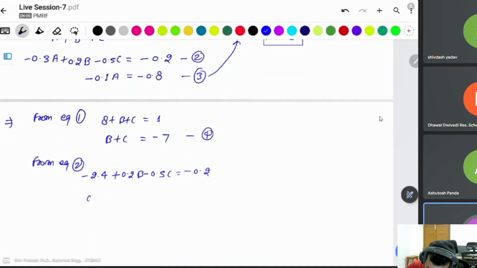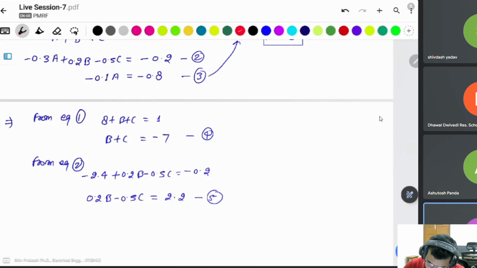Then 0.2B minus 0.5C is equal to 2.4 minus 0.2, which is 2.2, equation number 5.